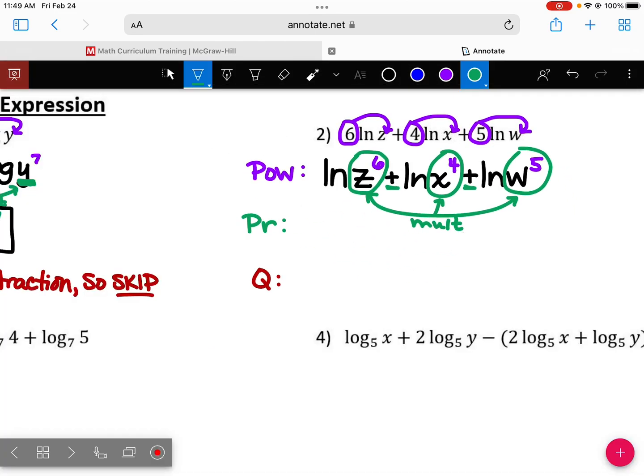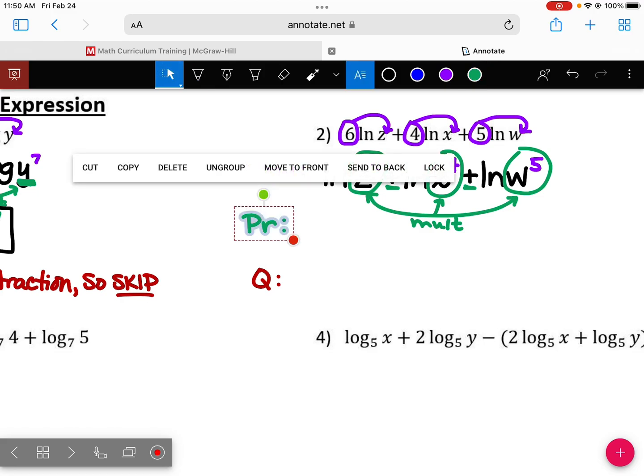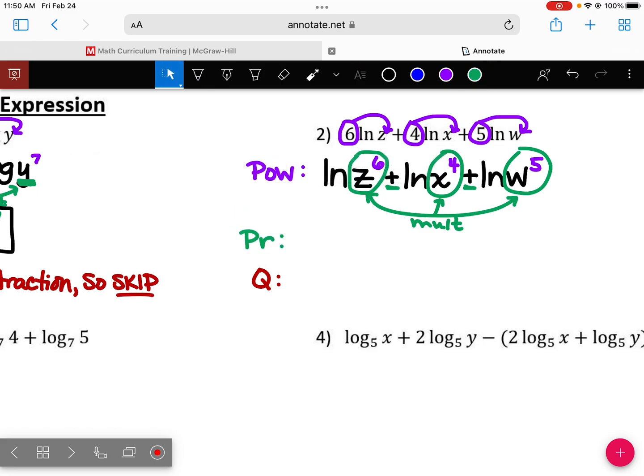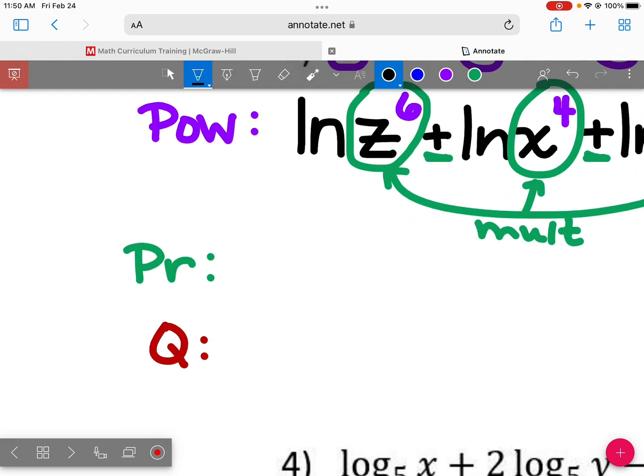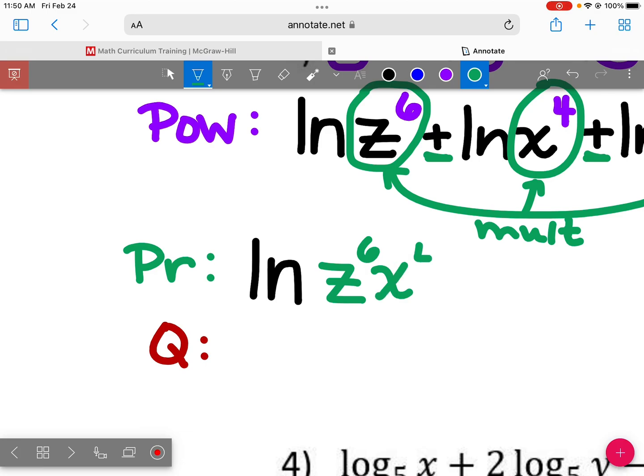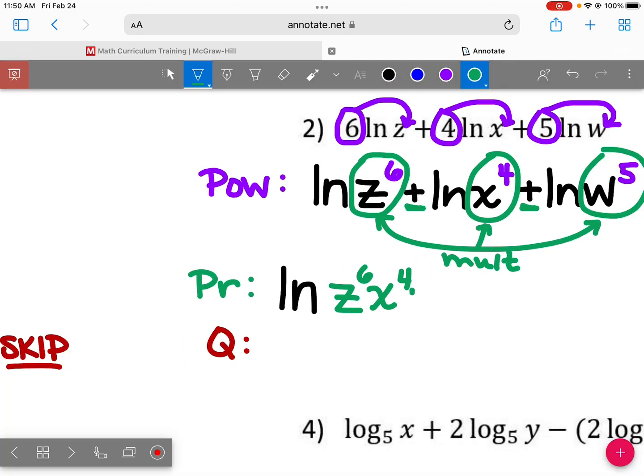Since I have 3 logs that are being multiplied, this is going to condense into how many logs? Just 1.